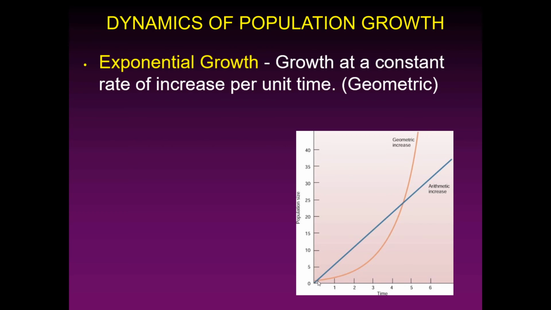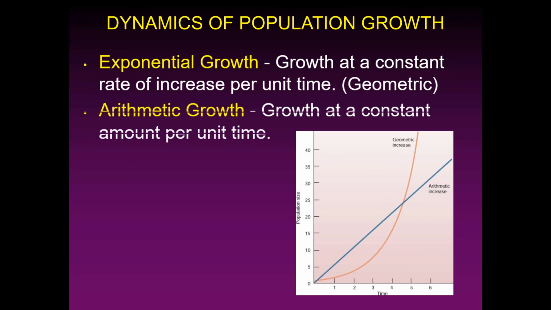As you can see, at first it does have a slower increase than arithmetic growth, but once it hits a certain point, it overtakes it and opens that gap up quite largely compared to arithmetic growth, which is at a constant rate. If you measure the slope of this line, it is extremely constant, while the slope of the exponential growth will constantly be changing throughout that curve.